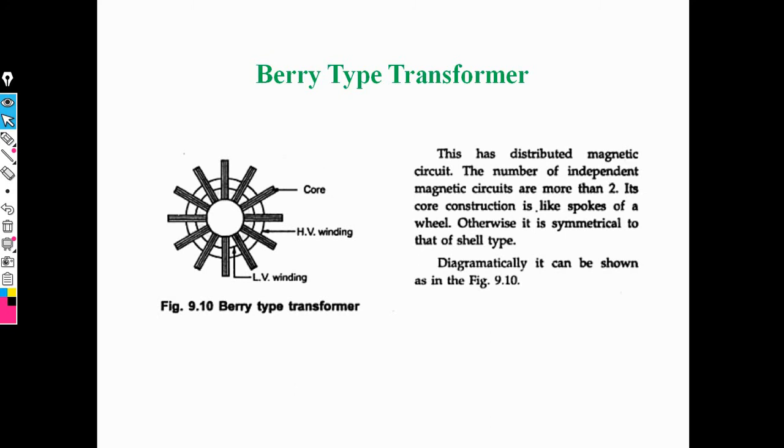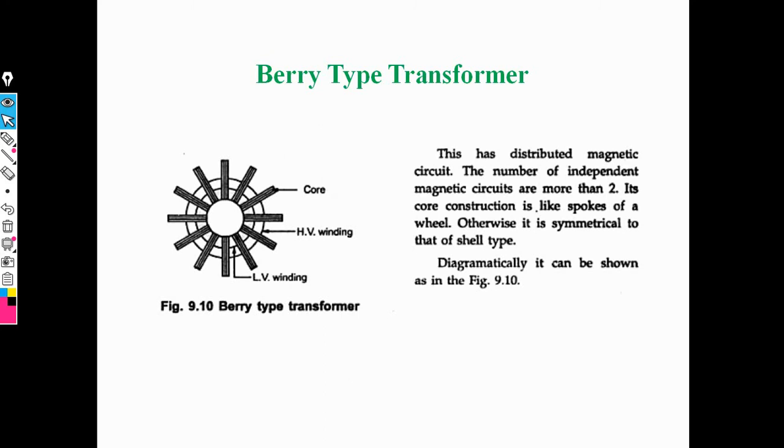It consists of a magnetic circuit, but this magnetic circuit does not depend on the other circuit. Here there are two windings. This is the core section. Then this is the LV winding, that is the primary winding, and the HV winding means the secondary winding.